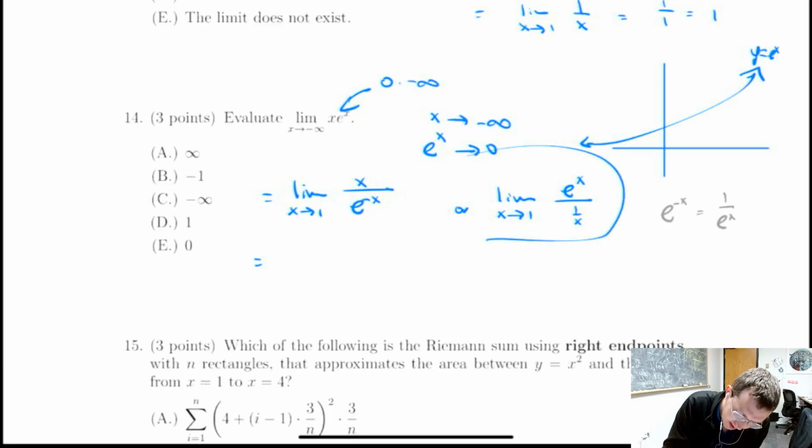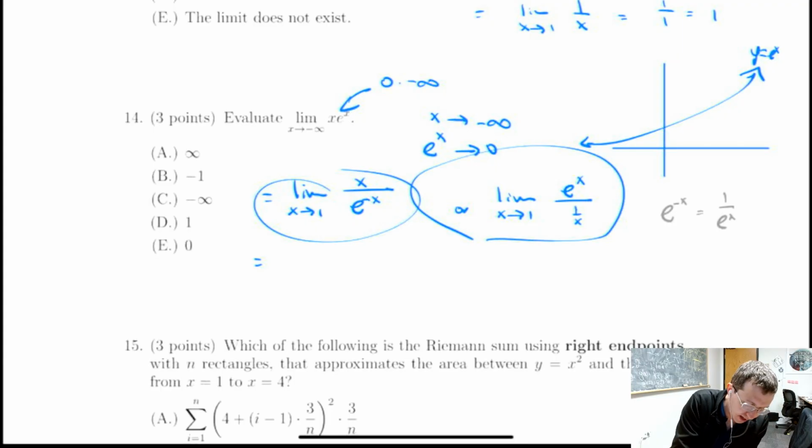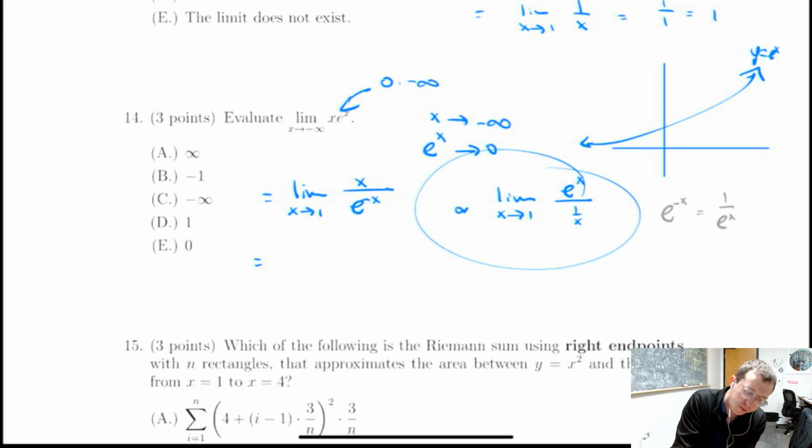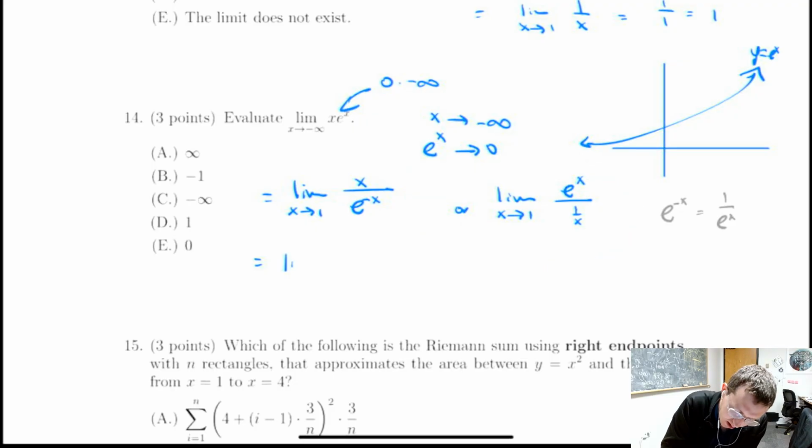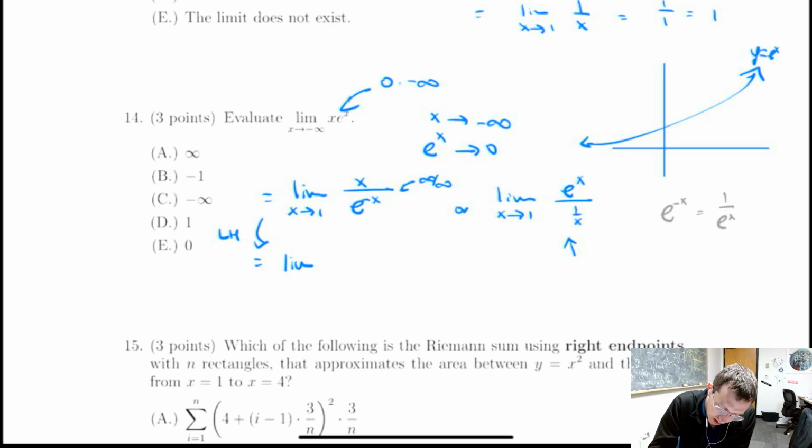So while this is equal to this, we're not going to make progress if we try L'Hopital's rule there. And I guess the point is that this is an infinity over infinity indeterminate form, whereas this one is a 0 over 0.